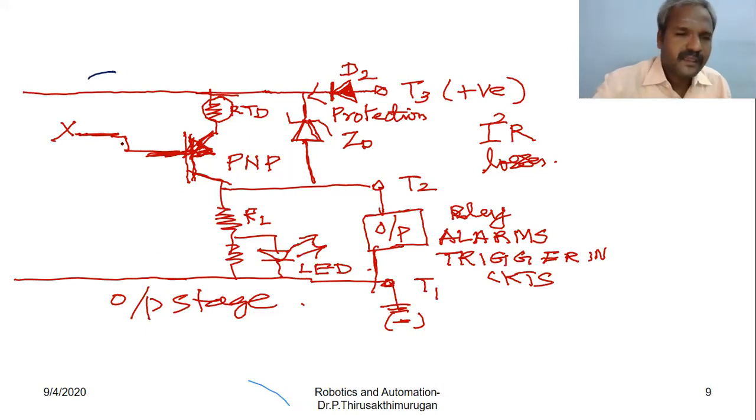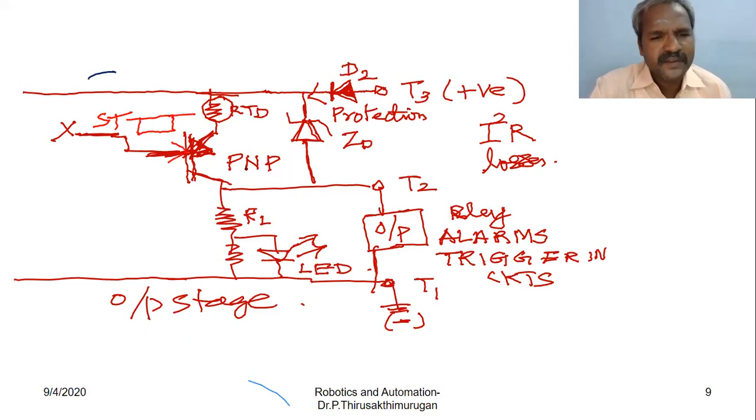You see here, this is from the Schmitt trigger. When the Schmitt trigger is at low level, the input to the PNP transistor is low, because PNP transistors are sourcing transistors. When it goes low, the PNP starts conducting.